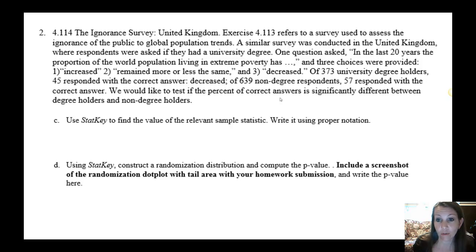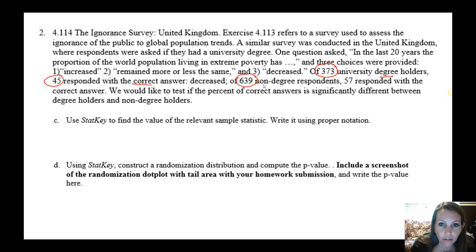All you need is 4 numbers. You need the counts of successes and the total number in each of the 2 different groups, which they give you here. So here it says of the 373 degree holders, 45 responded correctly.